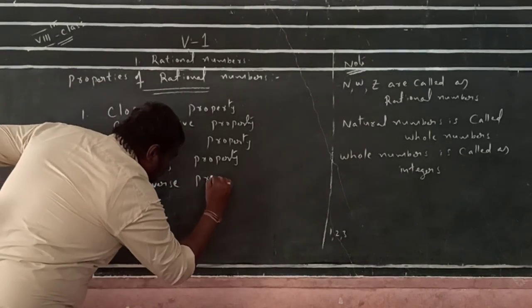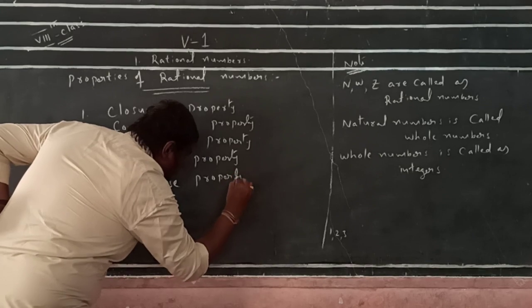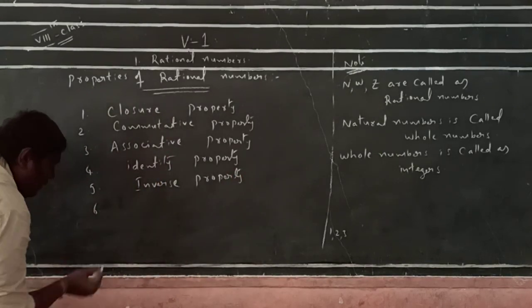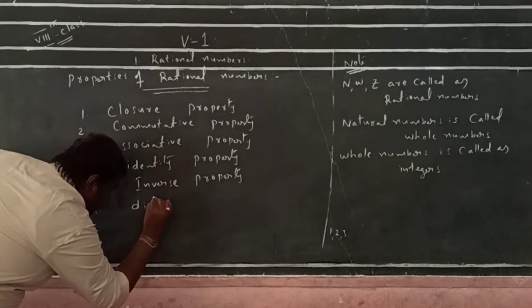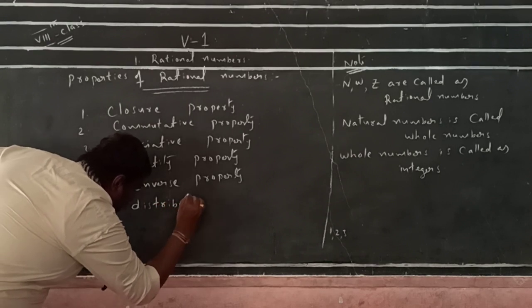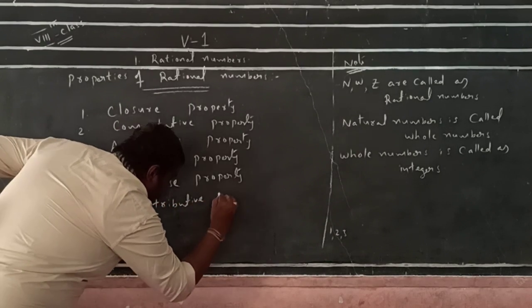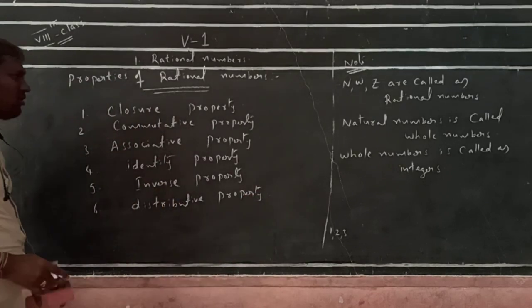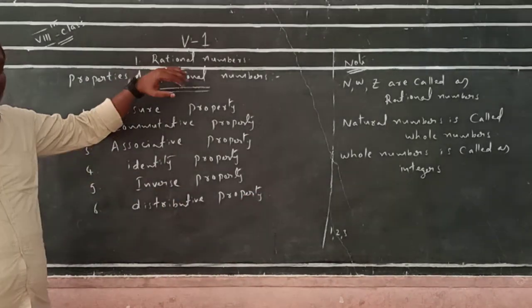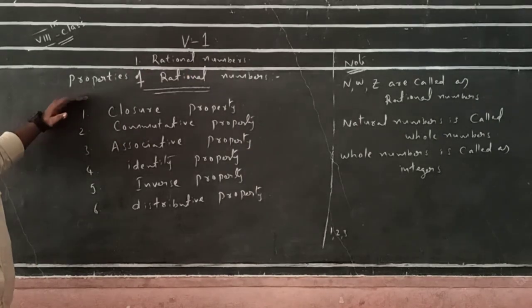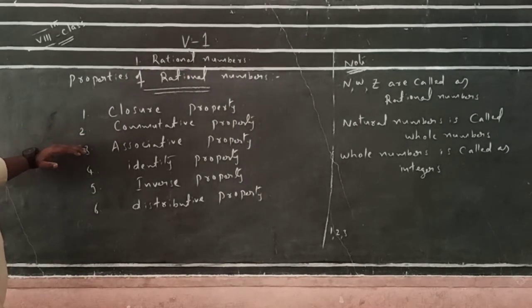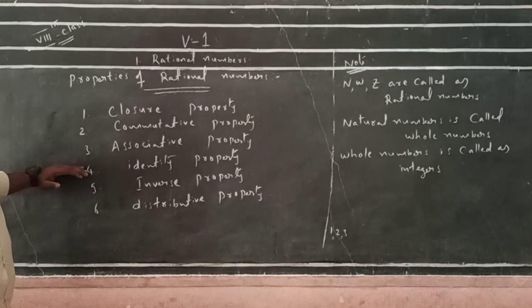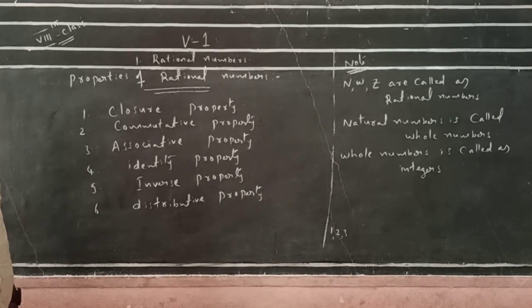Next, last one is distributive property. These are the 6 properties of rational numbers: closure, commutative, associative, identity, inverse, distributive.